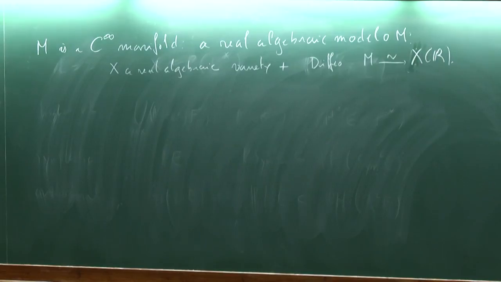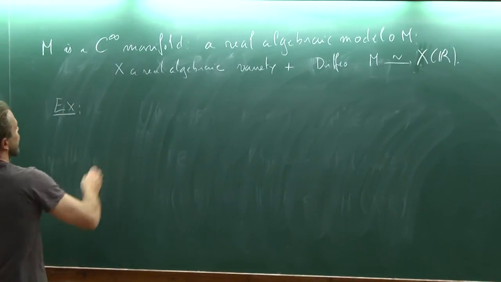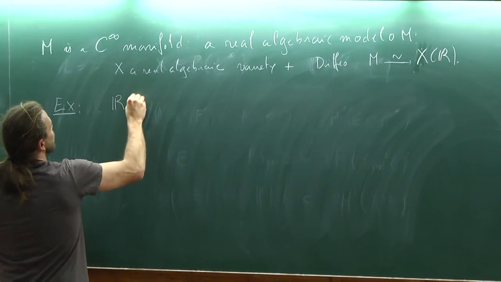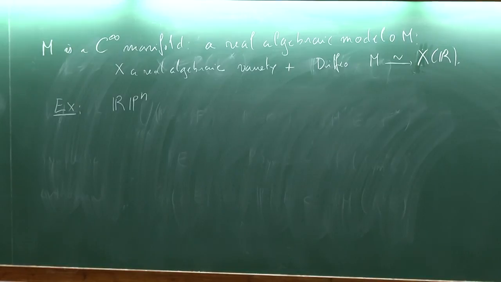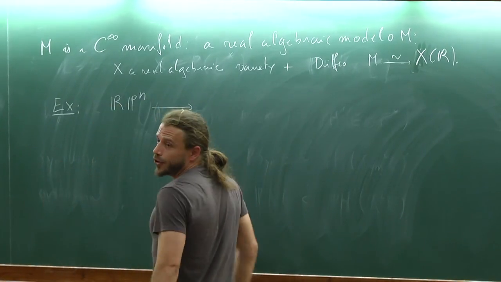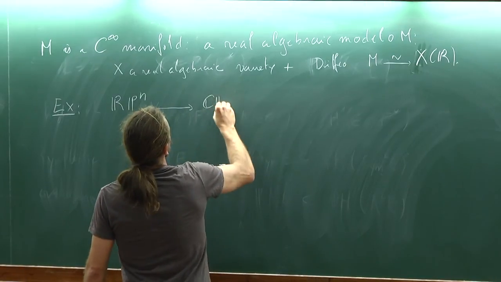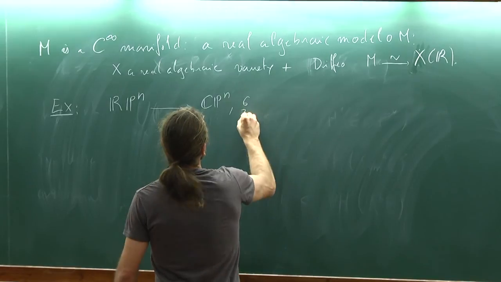It's very non-unique. Okay, simplest example, you take, I don't know, RP^n, the real projective space, then there is a natural real algebraic model, which would be CP^n with the standard complex conjugation.